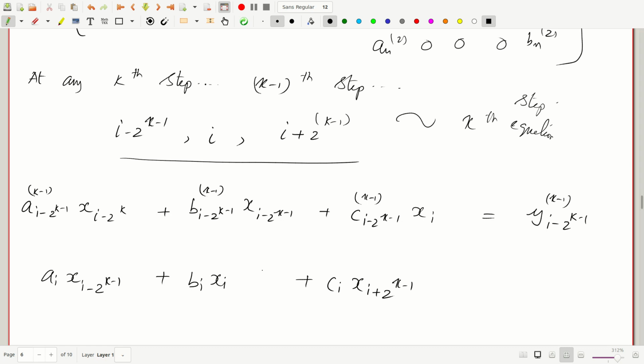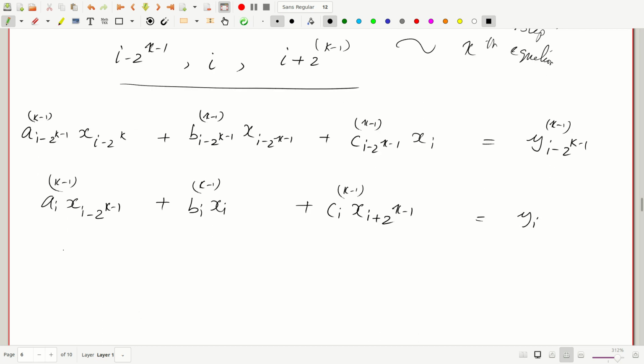Okay, of course these are all to the power k minus 1, equals y_i, right? That's your ith equation, and then your i plus 2^{k-1} equation will be a_{i+2^{k-1}}.